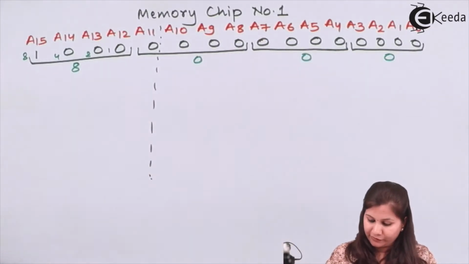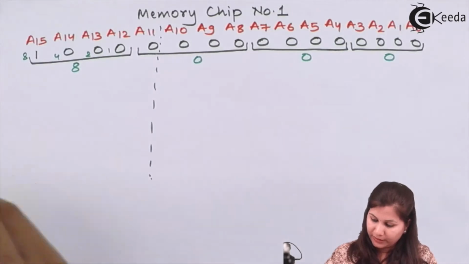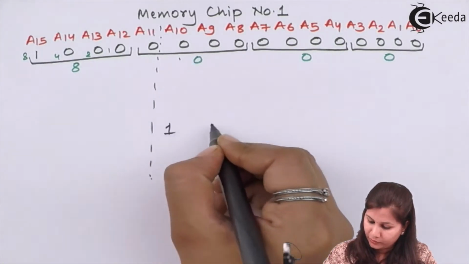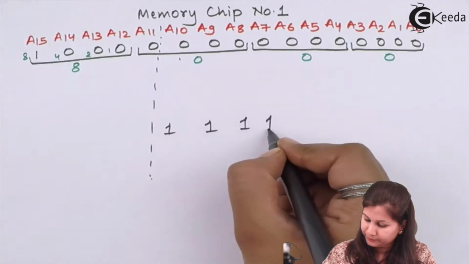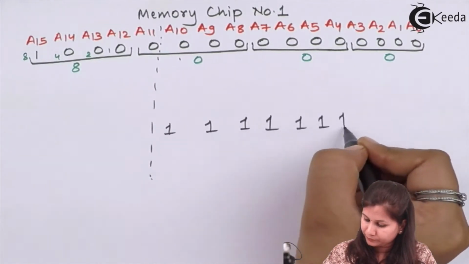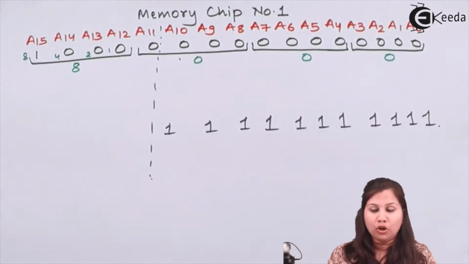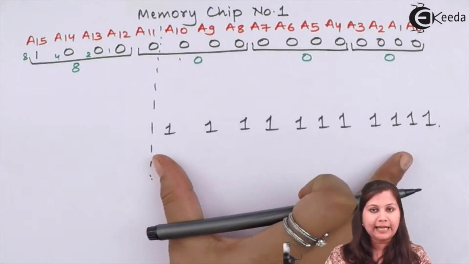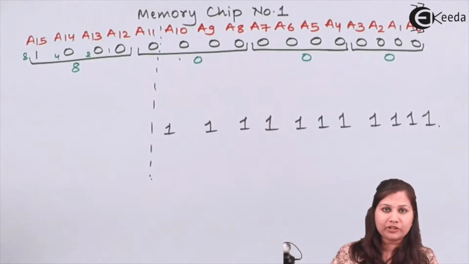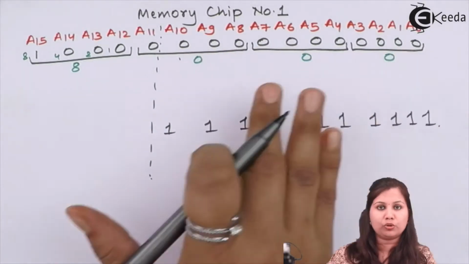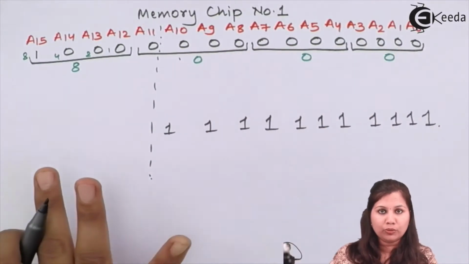If these values are changed, A0 to A10 can take values like all 1s. Any combination can be there, from all lines equal to 0 to all lines equal to 1.